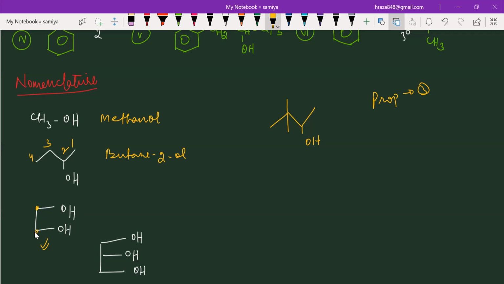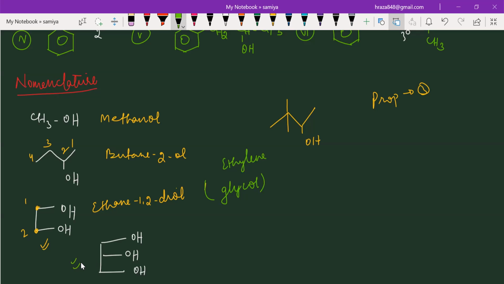This is carbon, this is carbon, and OH is directly attached. So its name will be ethane-1,2-diol. And do you know its common name? Also known as glycol. Ethylene glycol. And we simply call it glycol.